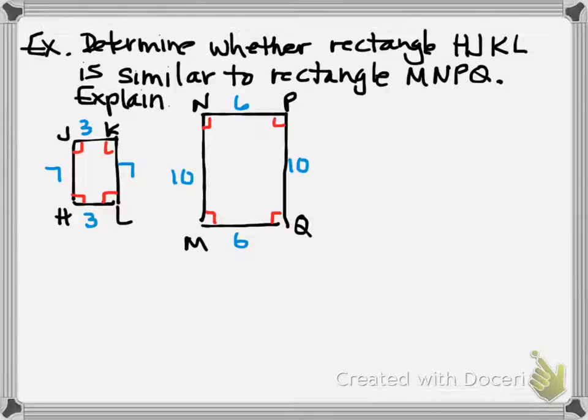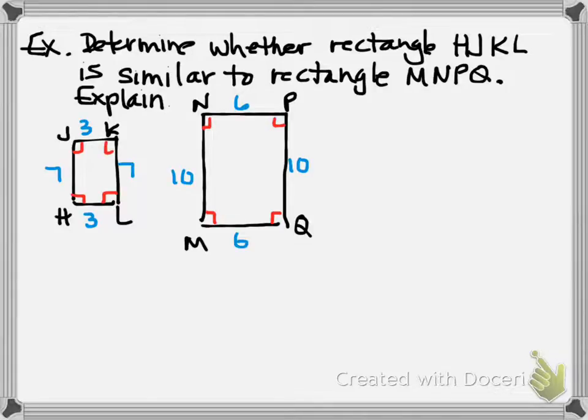So, in order for us to determine whether rectangle HJKL is similar to rectangle MNPQ, I'm going to need to look at all of the angles, the corresponding angles, and see if they're congruent, and I'm going to have to look at all of the corresponding sides and see if they have the same scale factor. Okay?